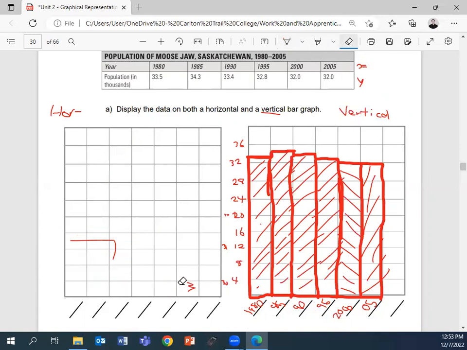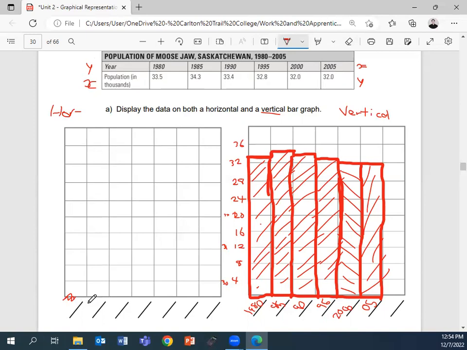If you've started it, keep going. But if you haven't started it, one thing you could do is a bit of a line break in population. Because with horizontal, all we're doing is flipping these, where the year is now on our y-axis and the population is on our x-axis. Remember we have this little symbol here that means we're starting fresh.